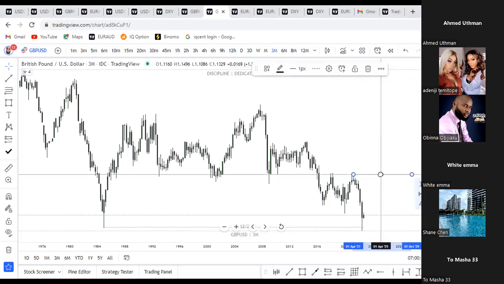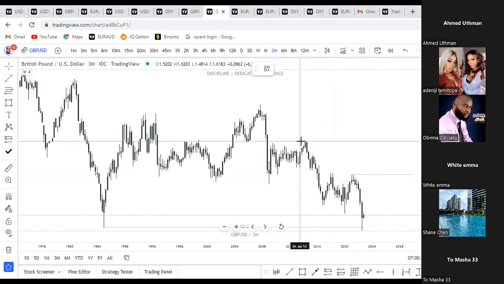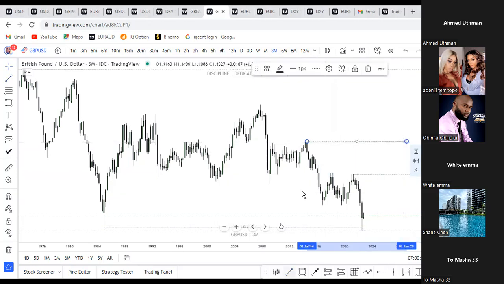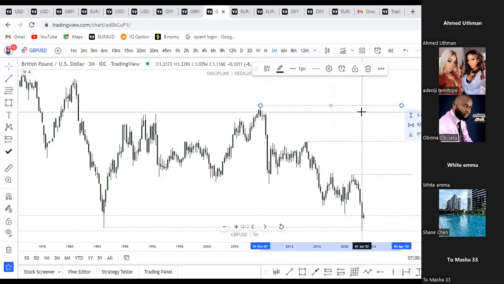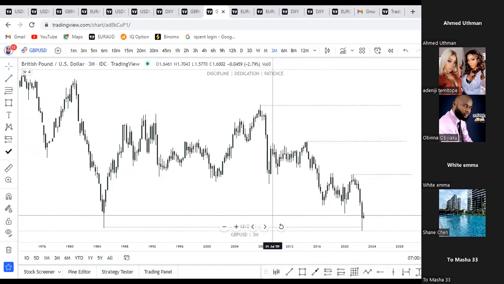So guys, external range liquidity on the 3 months. You guys can see I barely rest, working in the office, doing this, doing that. There's no time. All these are external range liquidity because all these are dealing ranges. They are structures.